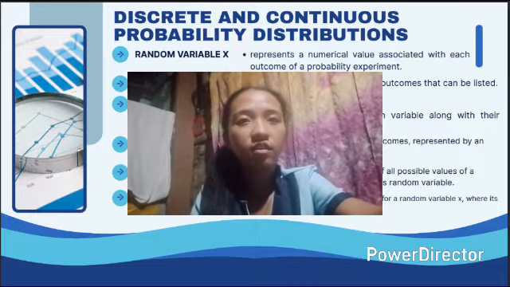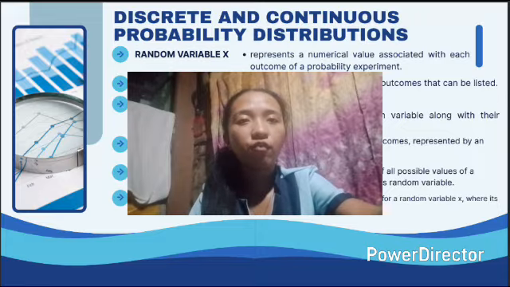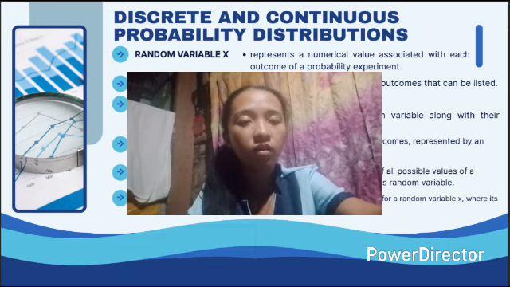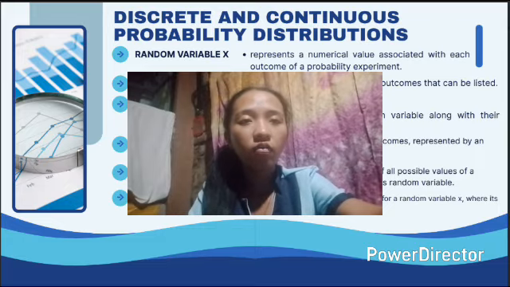The next is the discrete probability distribution, wherein a listing of all possible values of a discrete random variable along with their corresponding probabilities. Then continuous, which has an uncountable number of possible outcomes represented by an interval on the number line. Then the continuous probability distribution is a listing of all possible values of a continuous random variable.